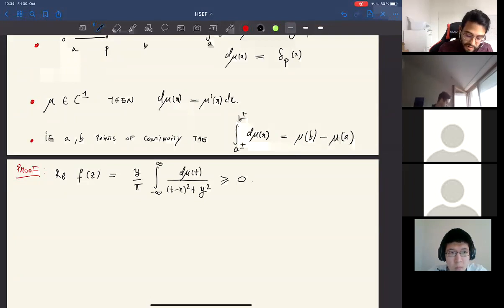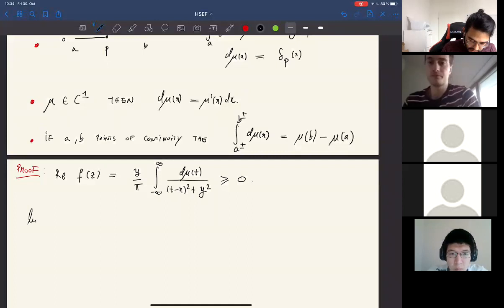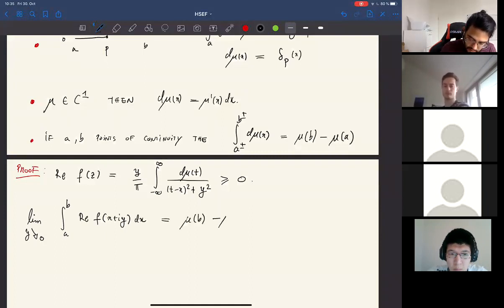The only difficult part is to prove the limiting argument, to show that when I take this limit, I get mu of B minus mu of A, A and B being points of continuity. That's just the crux, let's say, of the proof here.